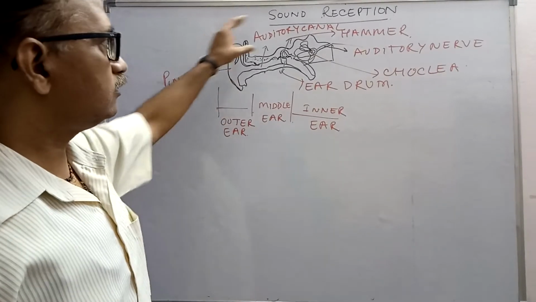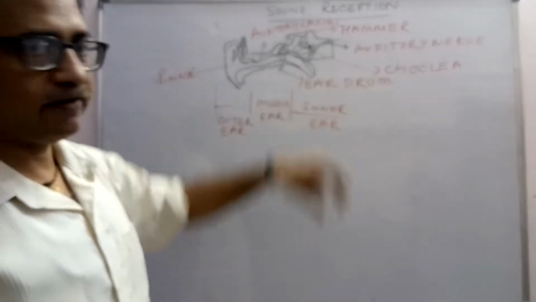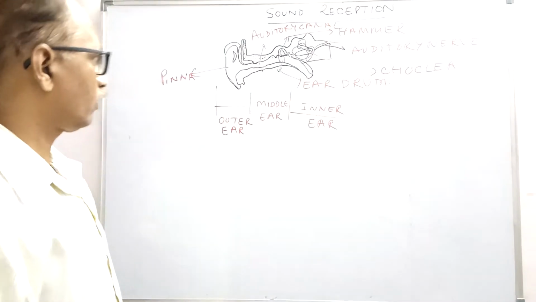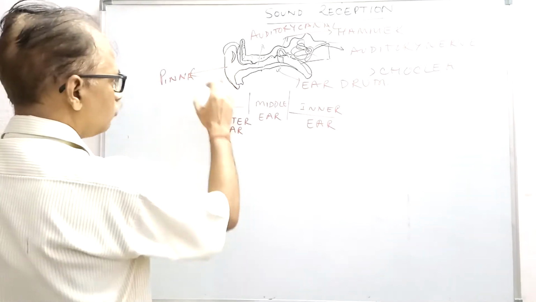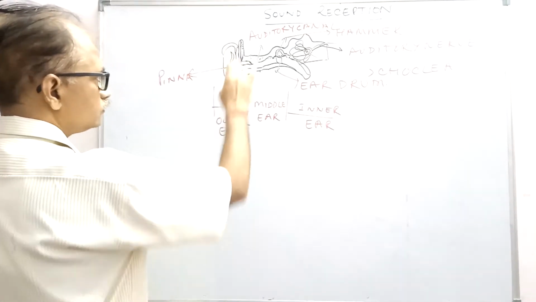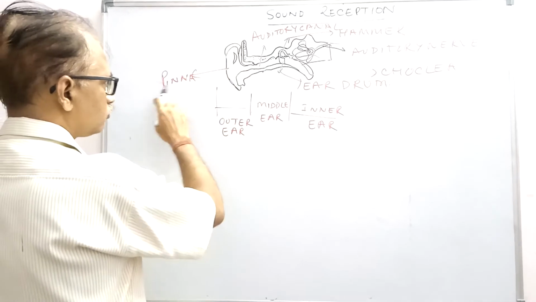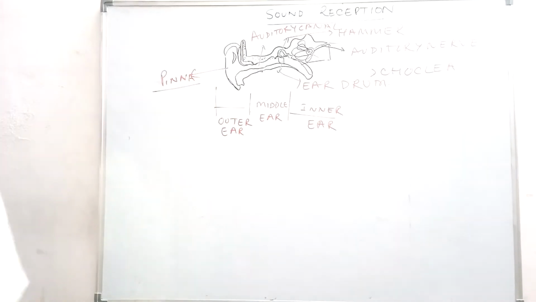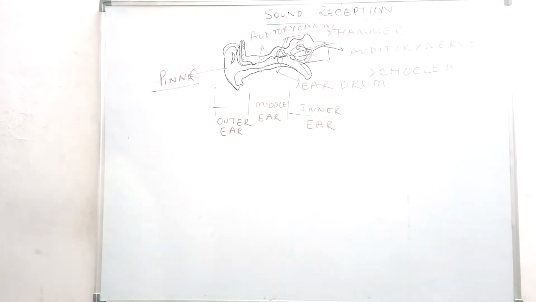This is a diagram of the external, middle and internal ear. The external ear is also called the outer ear, or pinna.